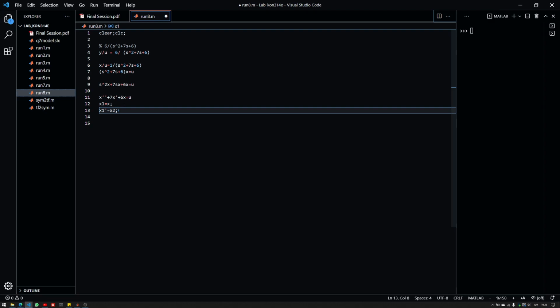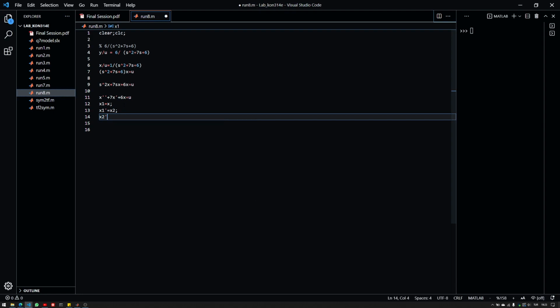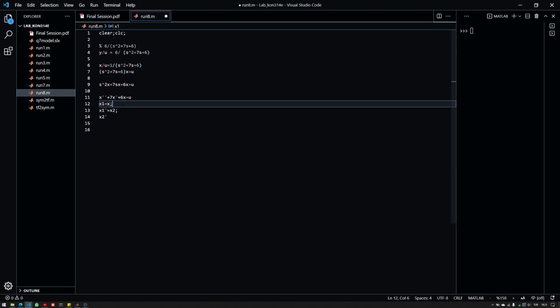We will assign this to a new variable. Because we want to reduce the order of the derivatives, each time we have a new derivative, we assign it a new variable. So therefore, we will then have x2 dot. But at this point, I have to stop because, let me use this comment here, this is x.